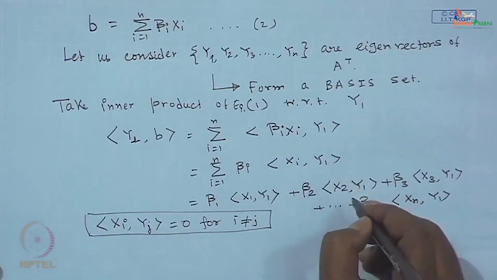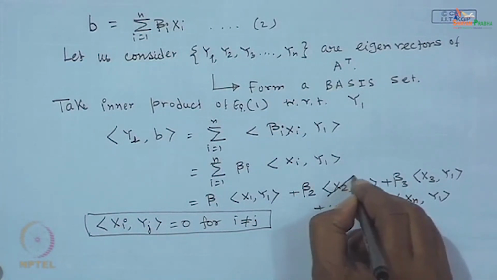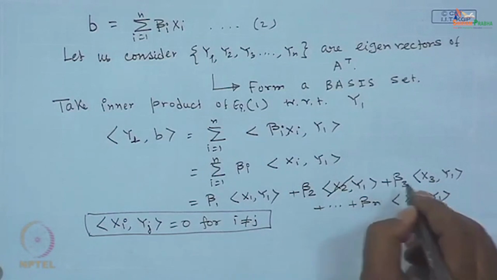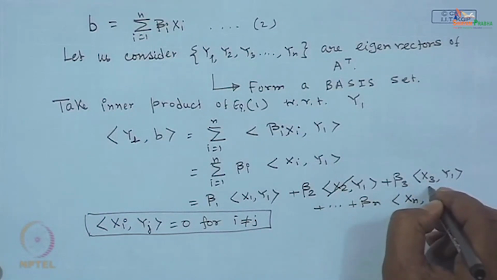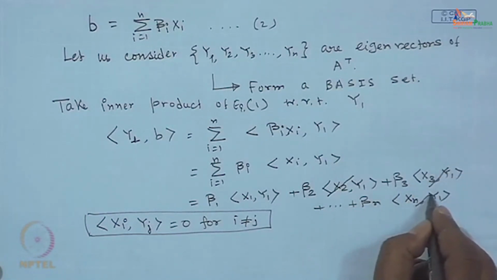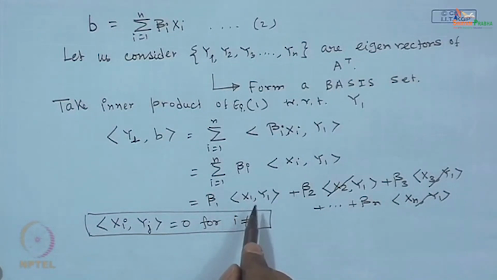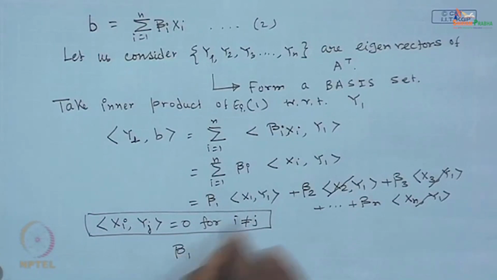Therefore, all these terms will be equal to 0: the inner products of x 2 and y 1, x 3 and y 1, x n and y 1. Only one term will survive out of the summation series, and that will be beta 1 times the inner product of x 1 and y 1.